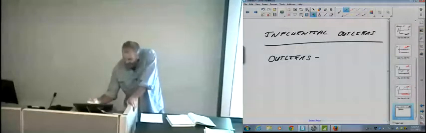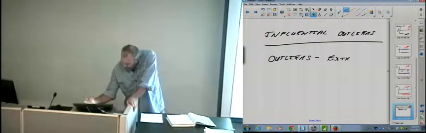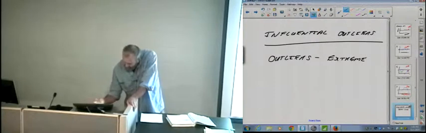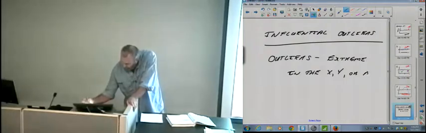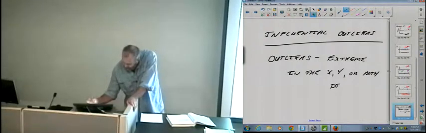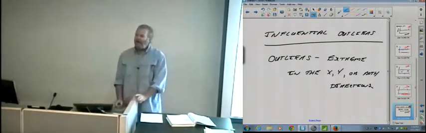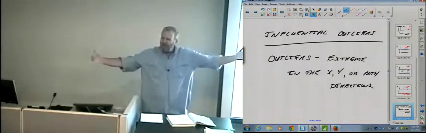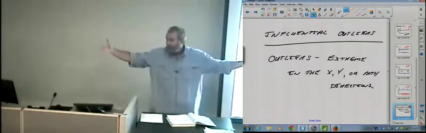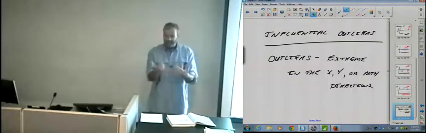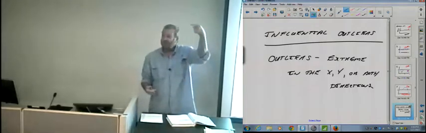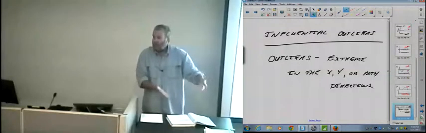They can be extreme in the X, the Y, or both directions. Now, that's just outliers in general. That's just like being stuck out in the tail in a histogram or a stem plot, right? They're extreme in that direction or that direction. Well, remember, you got an X direction and a Y direction. It might be just extreme in the X. It might be extreme just in the Y. Or it might be extreme in both of them. I don't know which end it's on.